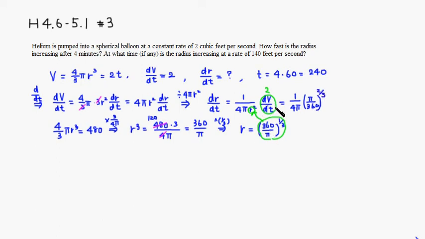Then this is 2, so times 2. We can cancel the 2 on top and the 4 here, which leaves you with 2. So let's compute this value right here. I'm going to bring out a calculator.